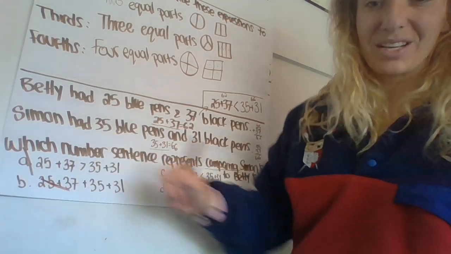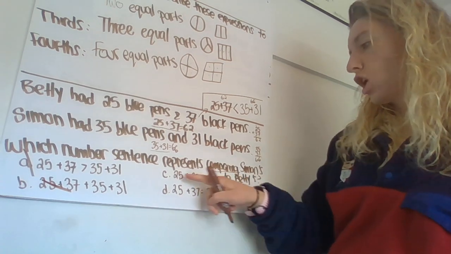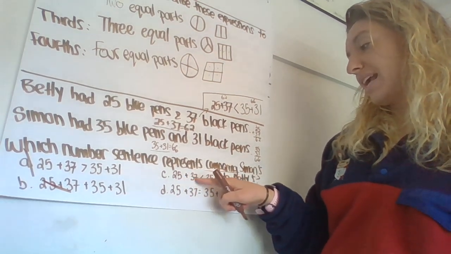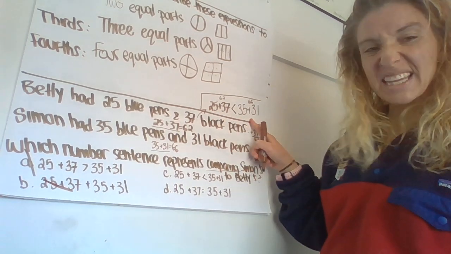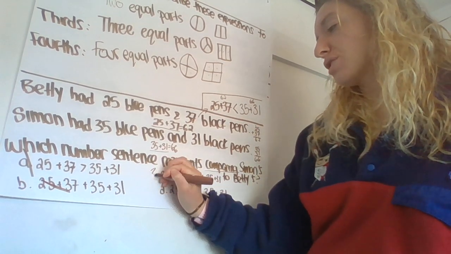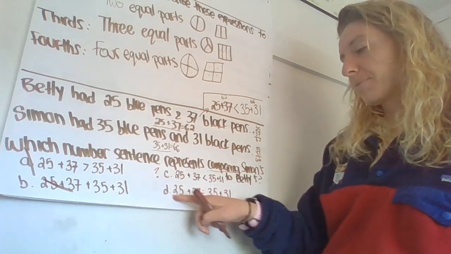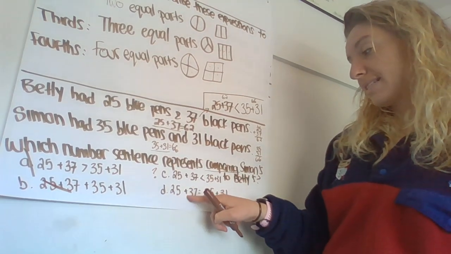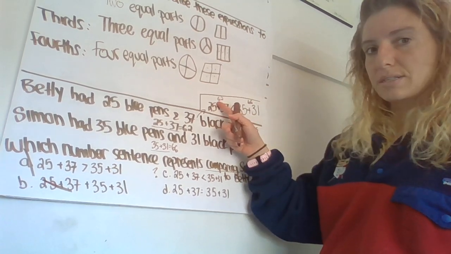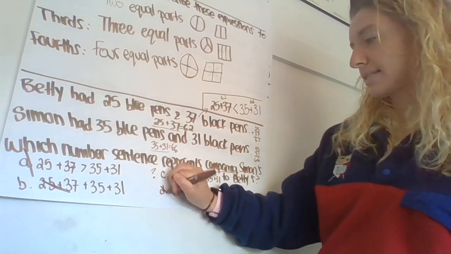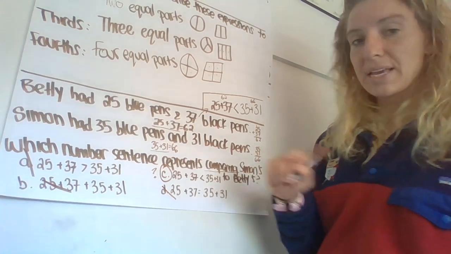That can't be right because there's no comparing, there's just adding. 25 plus 37 is less than 35 plus 31. That's exactly what I wrote here. So I'm going to put a magic maybe because that definitely makes sense. This one says 25 plus 37 equals 35 plus 31. No, that's not true because that would mean 62 equals 66. So my correct answer is C.